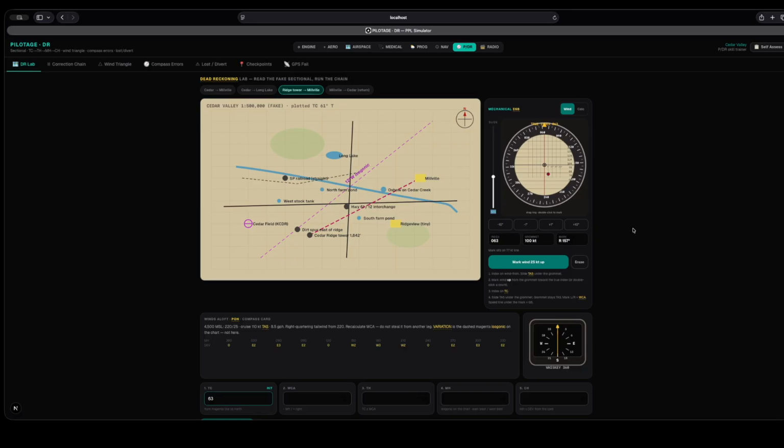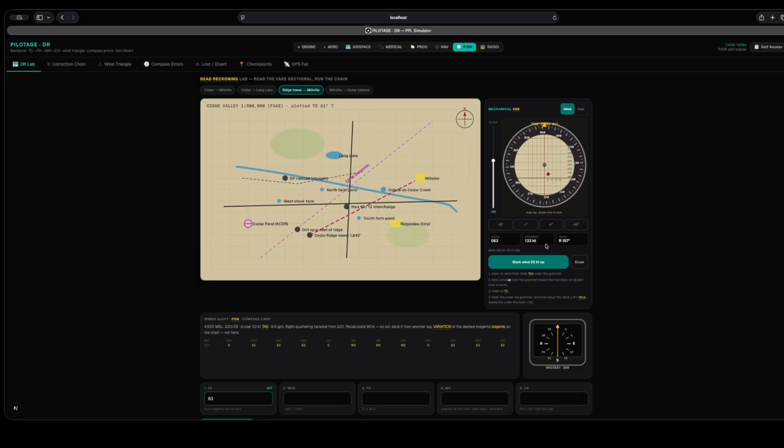There we go. And of course we would set the wind line on our cruise speed, or whatever speed we're going to fly that at. So I'm just going to move that up to the 110, which tells us our ground speed.